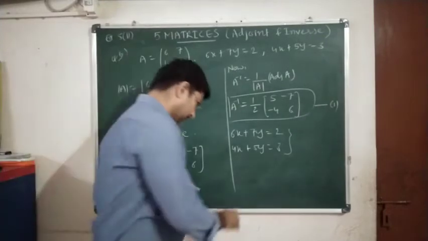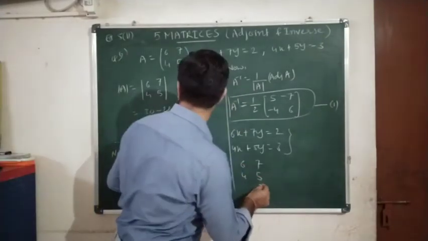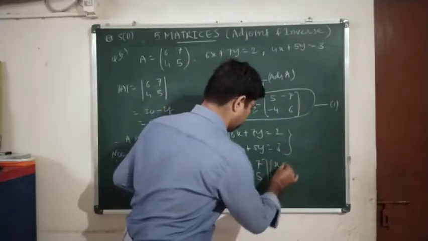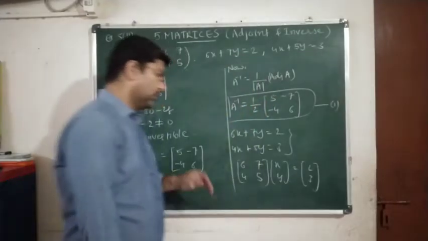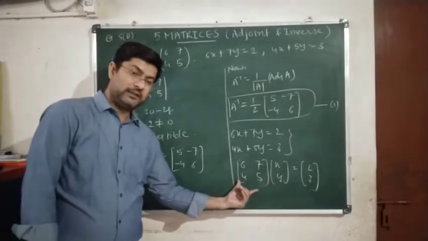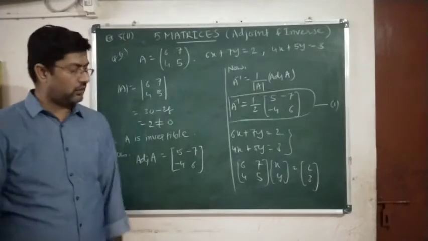Now writing as a matrix equation, 6, 7, 4, 5 into x, y is equals to 2, 3. Obviously the matrix obtained in this equation is matrix A only, and therefore we can easily solve.